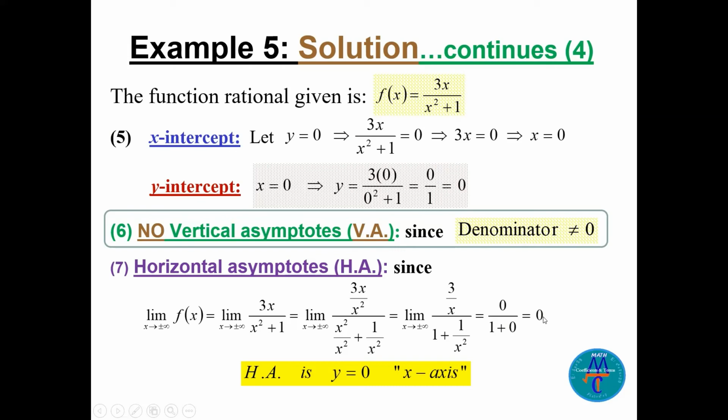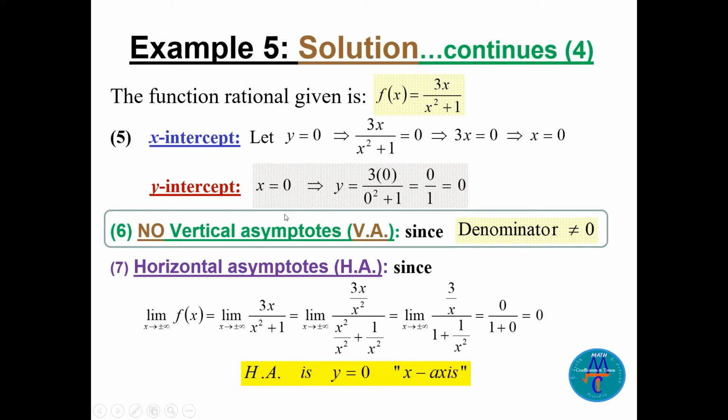So it will be 0. If the limit of the function as x goes to plus or minus infinity is a number L, that means y equals L, the 0, which is the x-axis itself. Y equals 0. That's a horizontal asymptote.